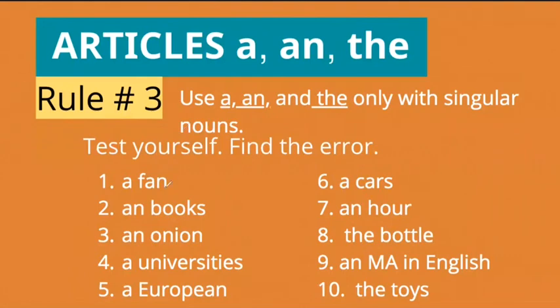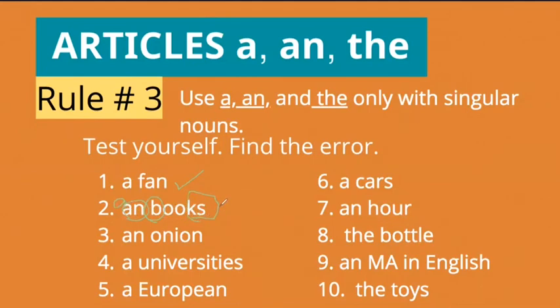Okay, so a fan, is it correct or can you see an error? Okay, it's correct. Okay, and books. So this is obviously an error because you're supposed to use a since it's a consonant, but that an is also wrong, and even if we put a, it's going to be wrong as well because books here is plural.